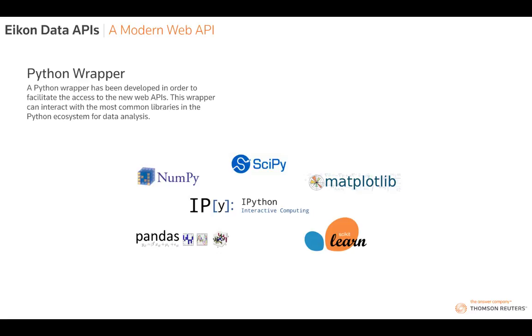Also, we have a high level of integration with the Python notebook, so you can render, for example, news. We can deliver them in an HTML form that can be very nicely rendered in your notebook. So the intention is that you can start integrating with your common libraries straight out of the box. All of this may become clearer once we start playing around with the API ourselves. So let's move on to that.